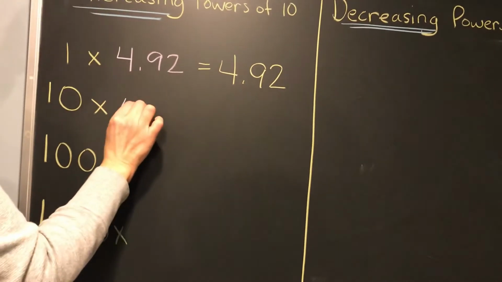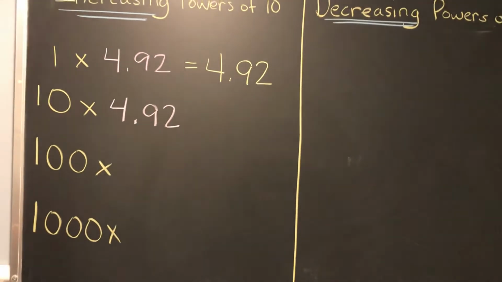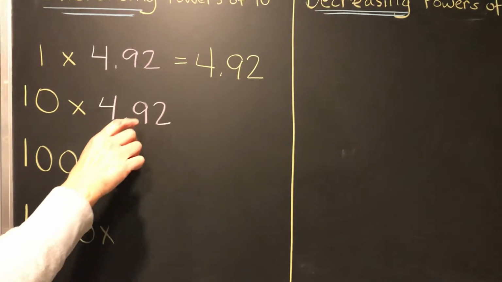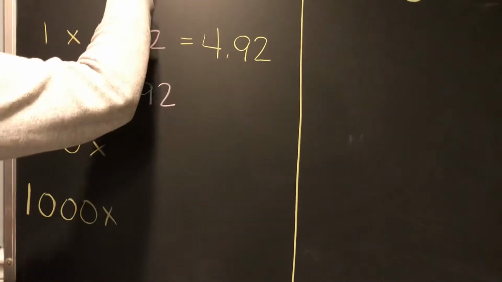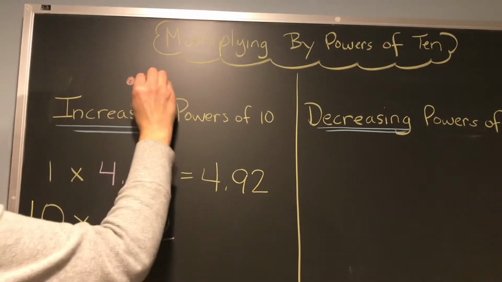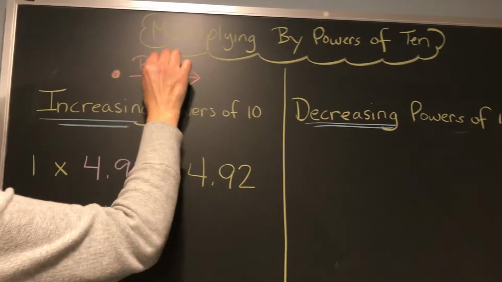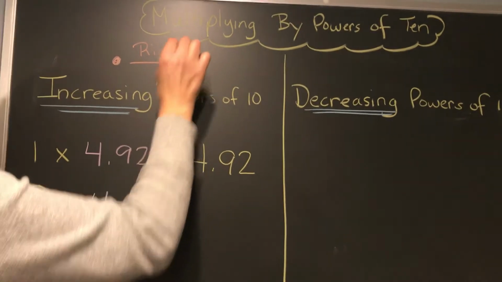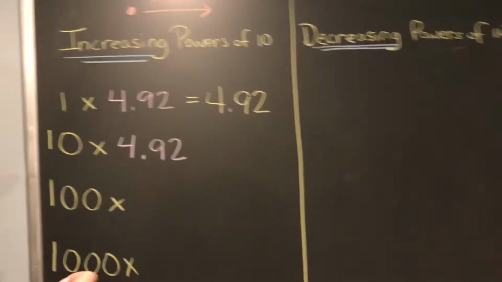If we take 4 and 92 hundredths and multiply it by 10, our decimal point is going to move. If you've got an increasing power of 10, the decimal point is going to travel to the right, which then means the numbers would move and shift on the place value chart and change their value.